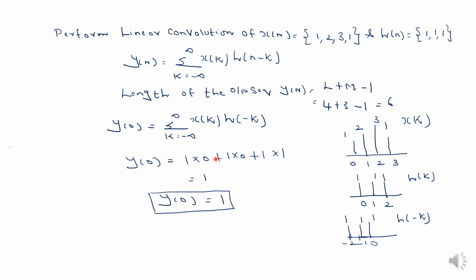So 1 into 0 is 0, plus 1 into 0 is 0, plus 1 into 1 is 1. Hence we have arrived at the value of y of 0, which is equal to 1. Similarly, we have to calculate the remaining 5 values, as the length of the sequence is 6.